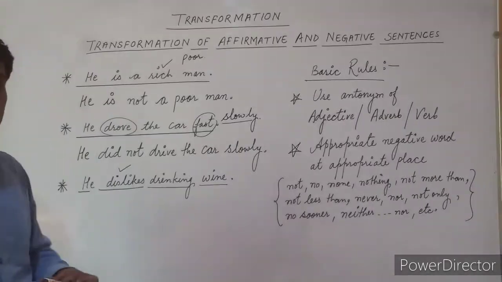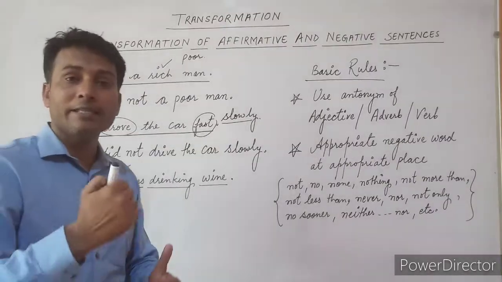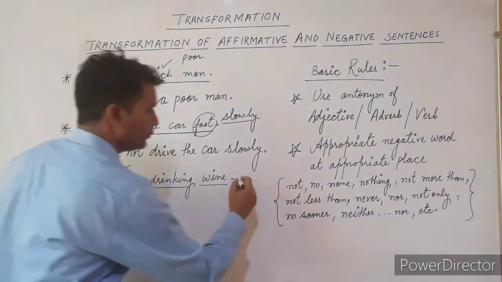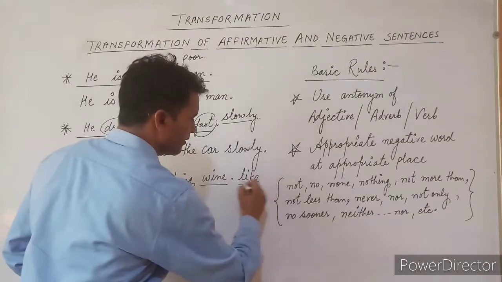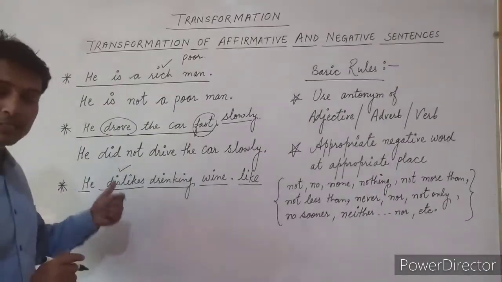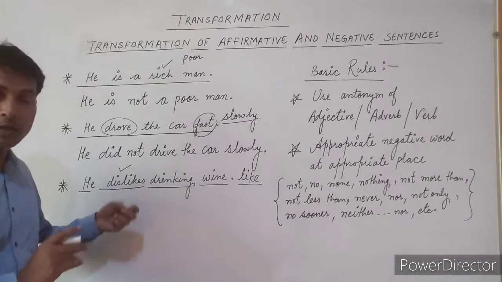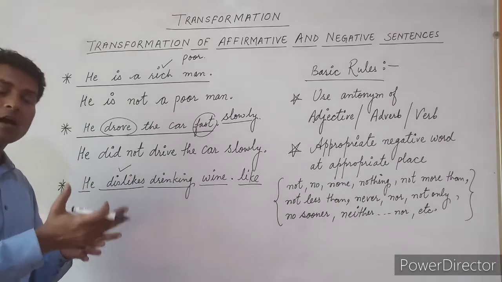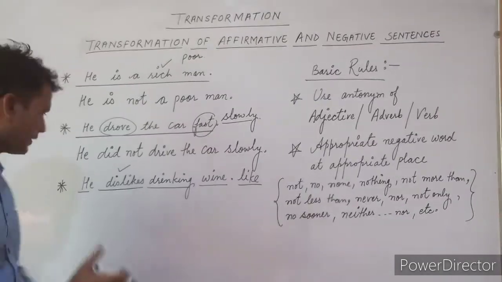So now find out the antonym of dislike. The antonym of dislike is like. So you can use like here to make it negative. And the tense is the simple present tense. You have to change it into negative simple present tense without altering the meaning of the sentence.